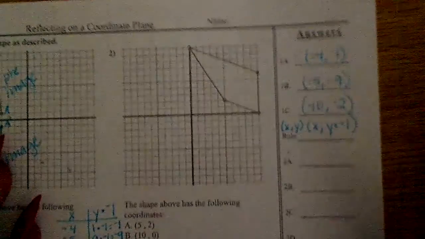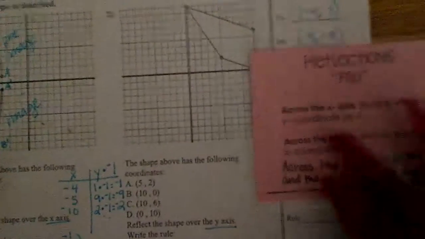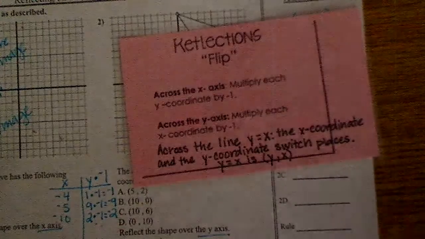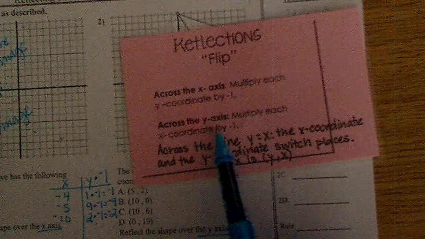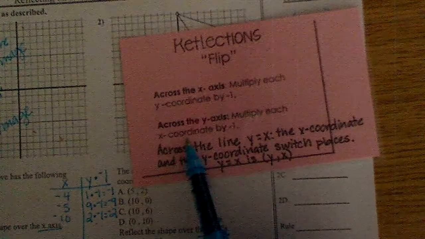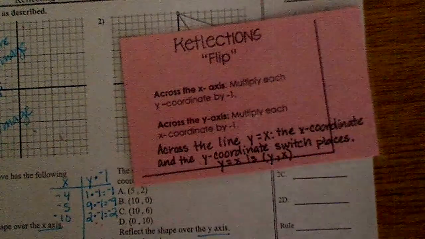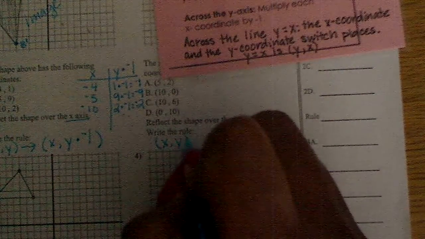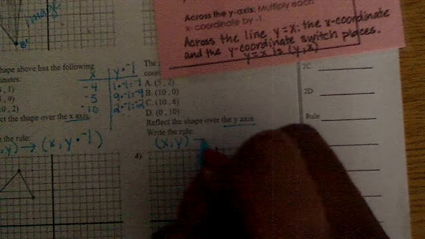All right, we're going to do another one, and we're going to reflect this time over the y-axis. Okay? So let's look at our rule card to see what the rule is for reflections over the y-axis. And it says, if you reflect across the y-axis, multiply each x-coordinate by -1. So our rule would look like this. We have x, y, and draw an arrow.